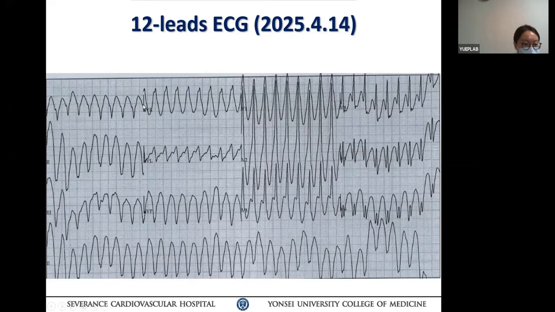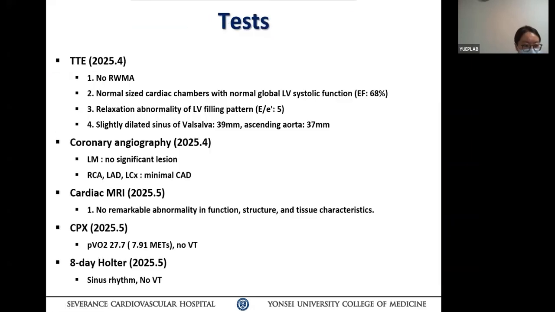Leads 2, 3, and AVF are also negative, except one thing that favors the papillary muscle: lead 3 has a small R wave at the beginning of the VT. Yes, that may be so. But unless the patient's heart is rotated, do you have a sinus rhythm ECG of this gentleman? Yes. Okay, let's take a look at it.